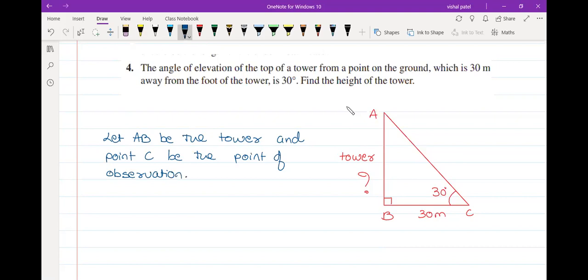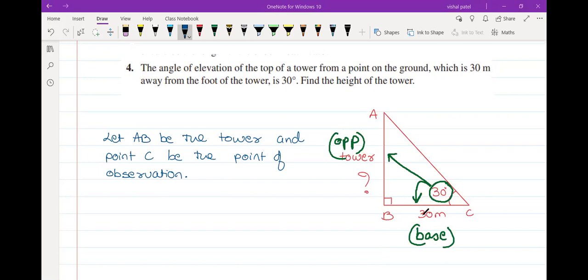Now the student who had a doubt, pay attention here. Simple thing, this angle is given, 30. I have to find the tower height, and they have given this. For this angle 30, what is the tower? Opposite. What is 30? Base. Means first see the angle, what you have to find out, and what is given.